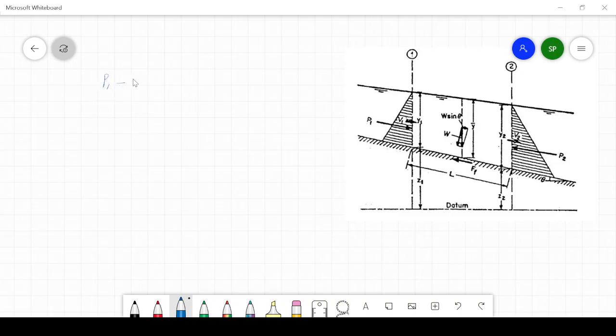minus P2, pressure force, plus component of the weight. Suppose I am considering this elemental element here, which makes an angle theta. The weight has two components, isn't it?